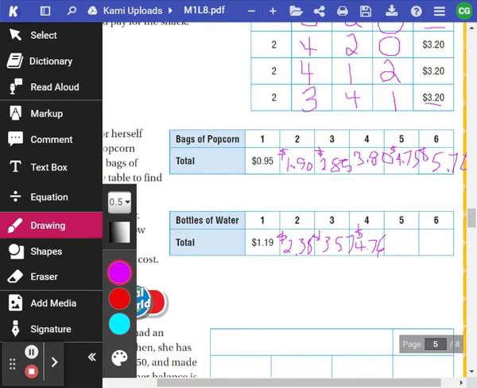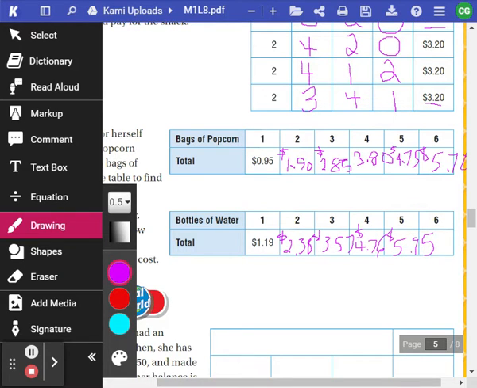$4.76. I'm going to scoot this up just a bit, and I'm going to continue adding my repeated addition. $1.19. 6 plus 9 equals 15. Regroup my 1. 7, 8, 9. Bring down my decimal. 4, 5. That's $5.95.